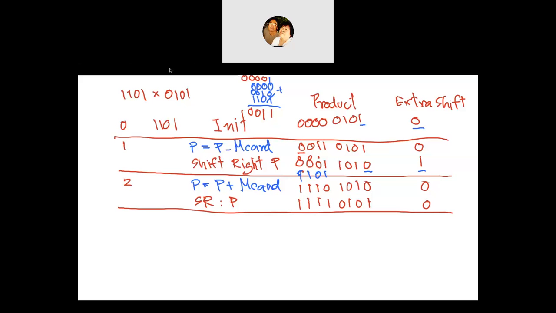How about the third step? We have to check the product 0 and the extra shift. This one is 1 and this one is 0. So what shall we do next?